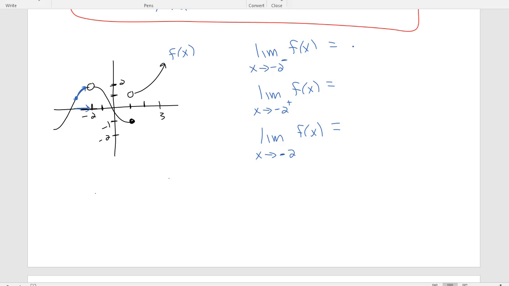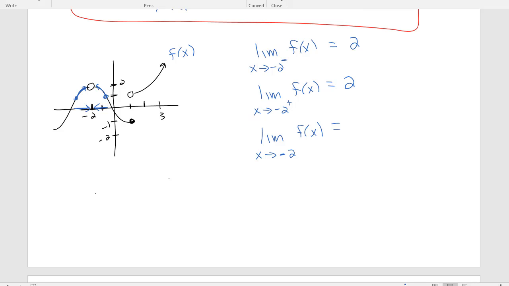So the left-handed limit equals positive 2. Now when I approach -2 from the right-hand side, I'm envisioning a point on the graph sliding, and I'm looking at what the y values are trying to approach. Again, the y values are trying to get to positive 2 here.